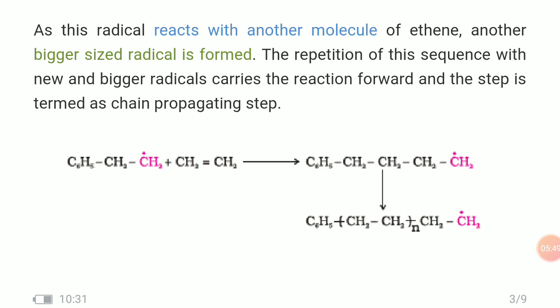Then n number of ethene molecules react with this radical, and a bigger radical is formed. In this step, the repetition of these sequences with a new and bigger radical carries the reaction forward, and that is why this step is known as the chain propagating step.